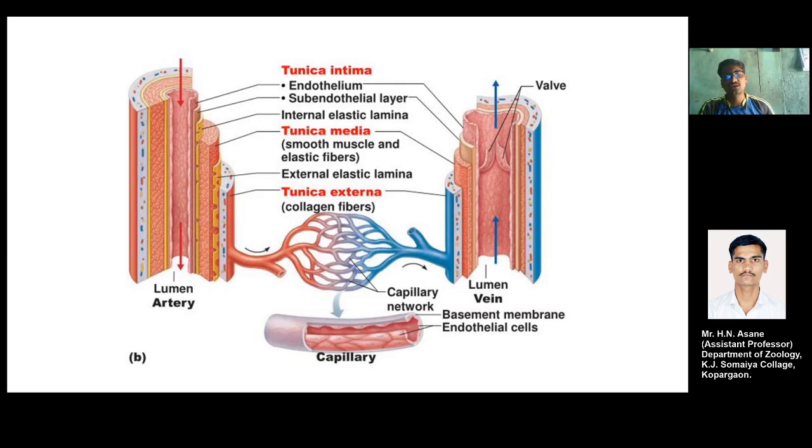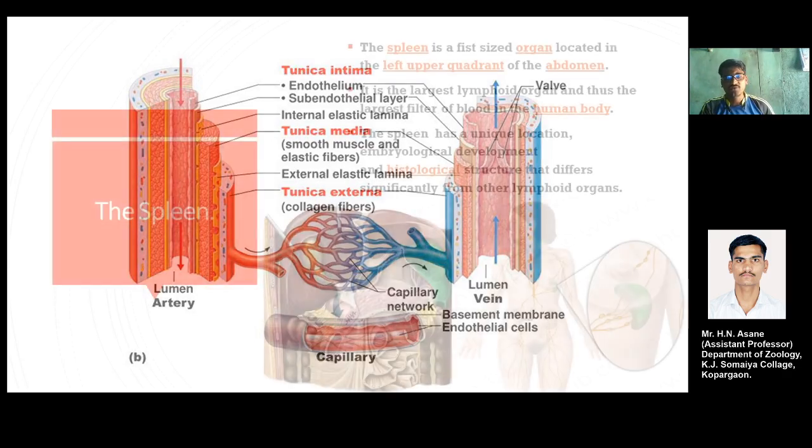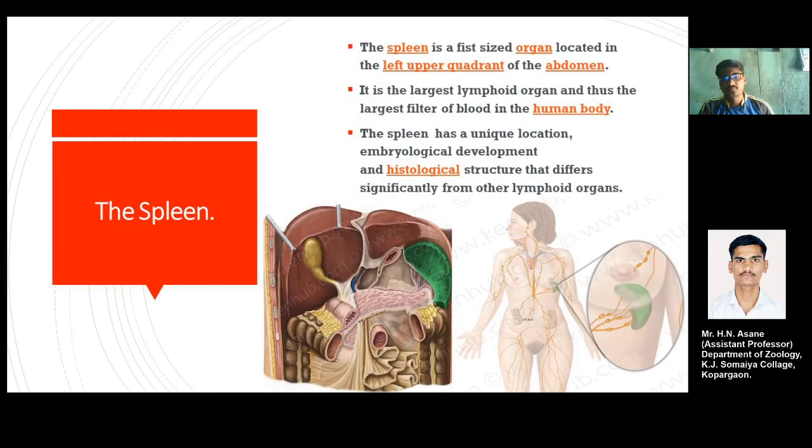We have seen the structural as well as the histological differences between arteries and veins, and between the veins and arteries and the capillary network, that is, the arterioles and the venules. Okay, so in this session we will focus on the spleen.